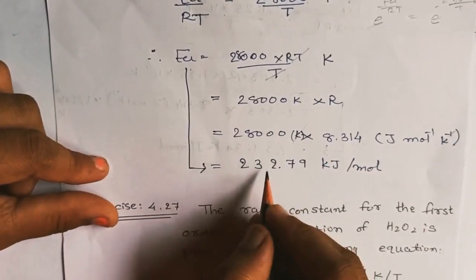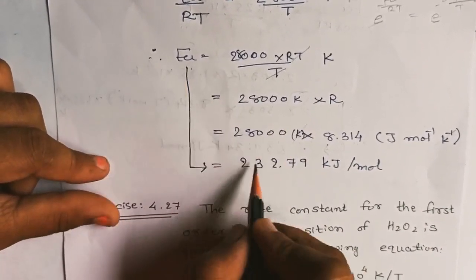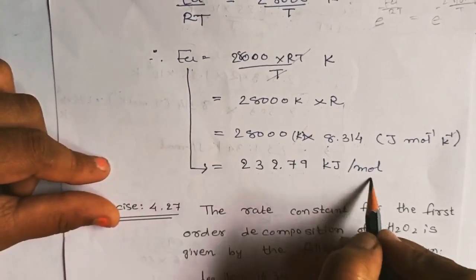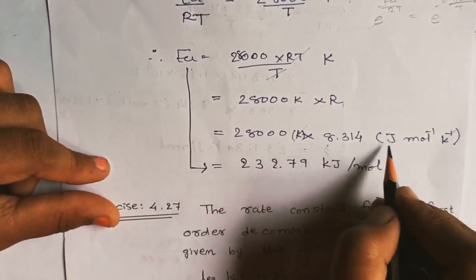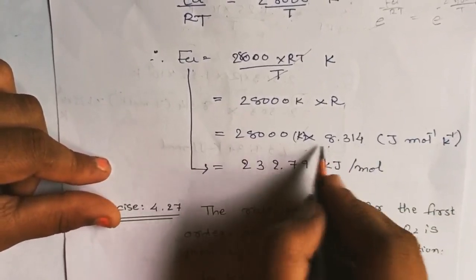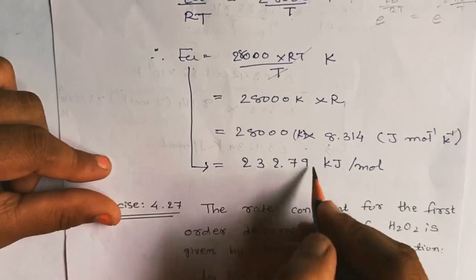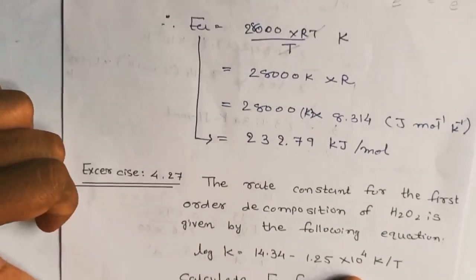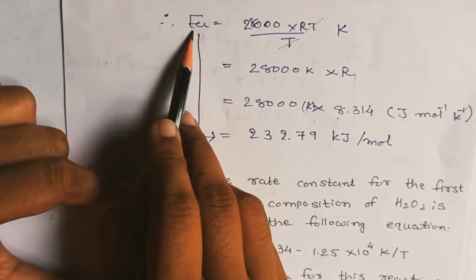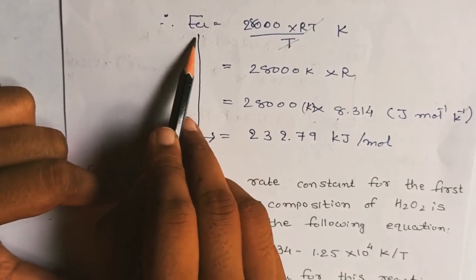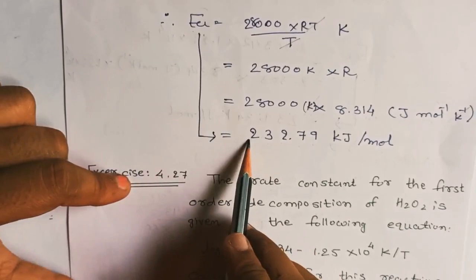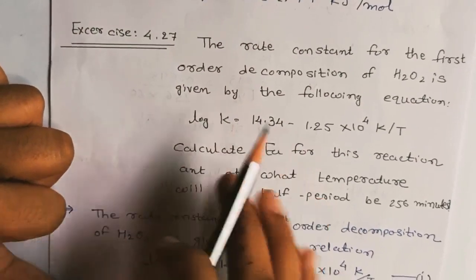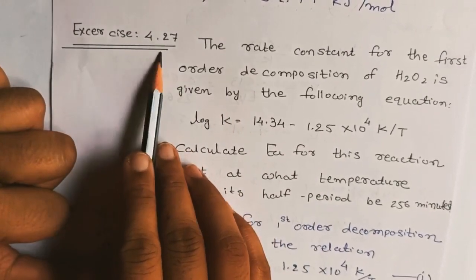So you will get the activation energy 232.79 kilojoule per mole, right? The unit you get here will be joule per mole. Whatever the answer is, you divide it by 1000 and you will get the answer in kilojoule, right? It means our activation energy for the given decomposition reaction is 232.79 kilojoule per mole.